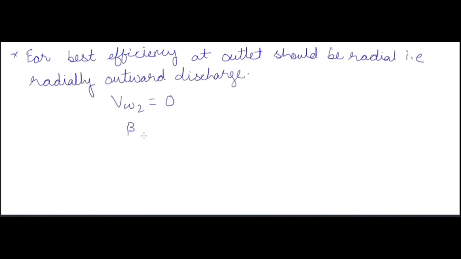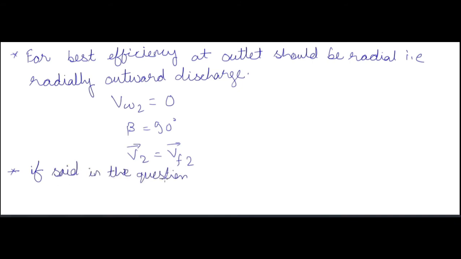Now for best efficiency, flow at outlet should be radial, that is radially outward discharge. When will this happen? When Vw2 is equal to 0, beta is equal to 90 degrees and V2 is equal to Vf2.